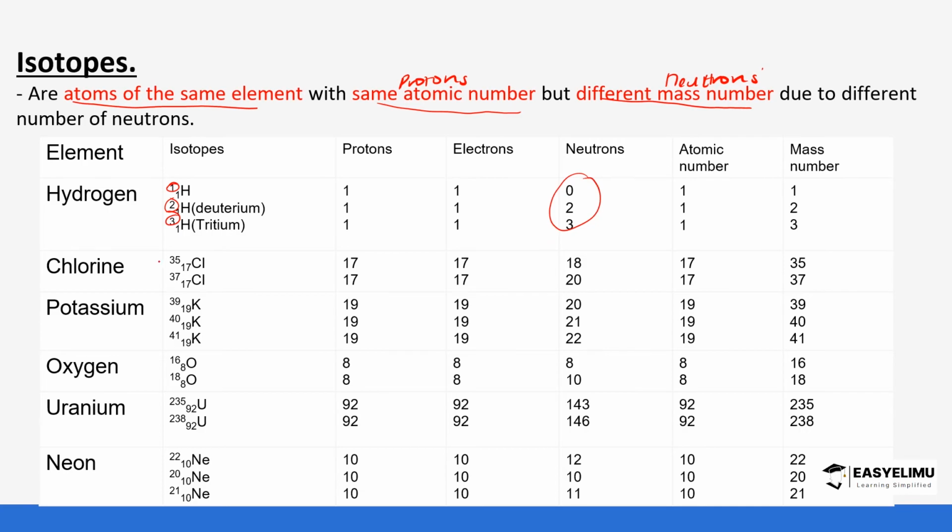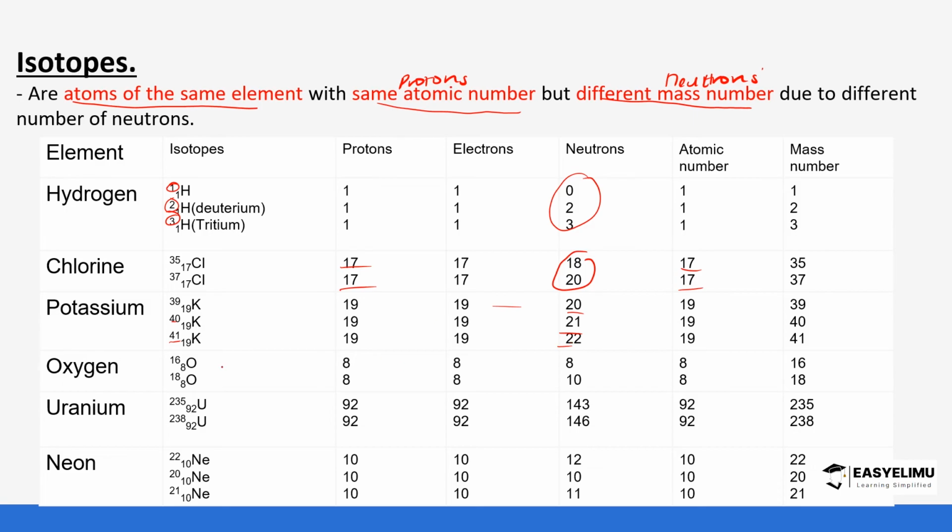And we have chlorine 35 and chlorine 37. The reason why they are different is because of the number of neutrons, but you can see the number of protons are the same in both cases. Another example is potassium 39, potassium 40, and potassium 41. You can see they have different numbers of neutrons.